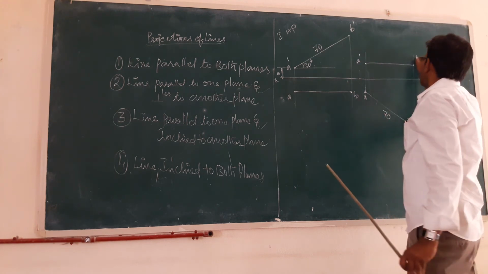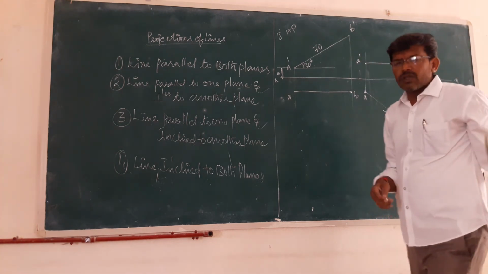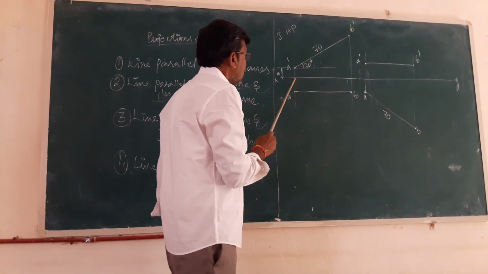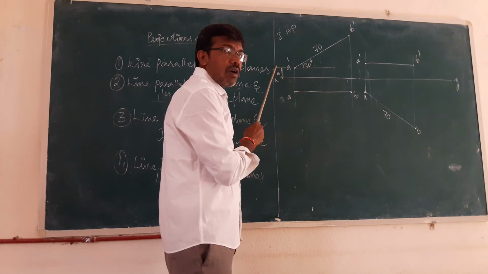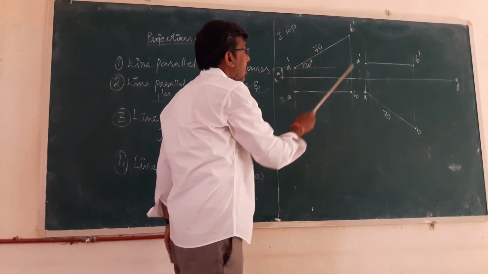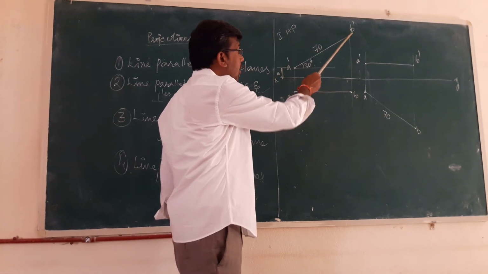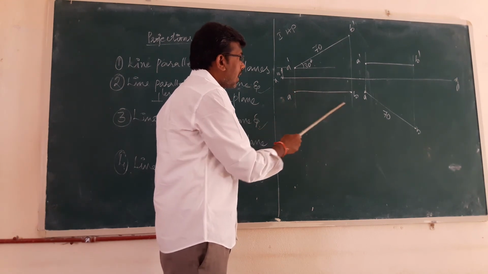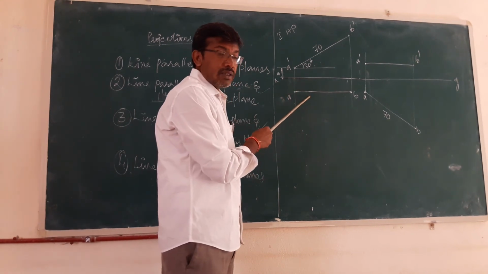This is A dash and this is B dash. So whatever the conditions which are given, suppose if A point is 10 mm above the horizontal plane and B point is 50 mm above the horizontal plane, you can find out the inclination. Okay, and this line is in front of the vertical plane like this.